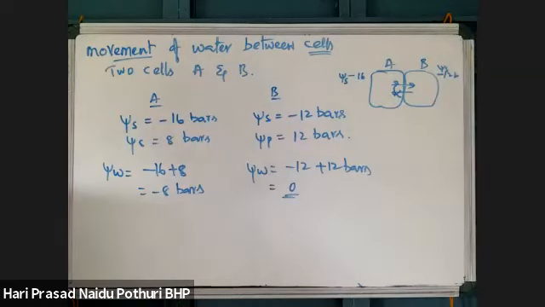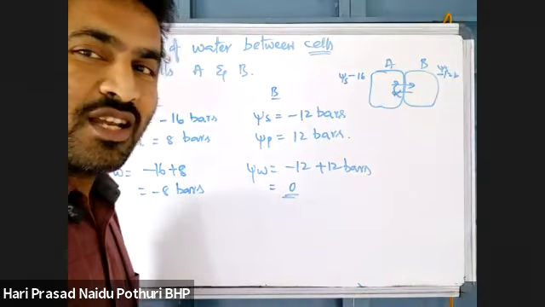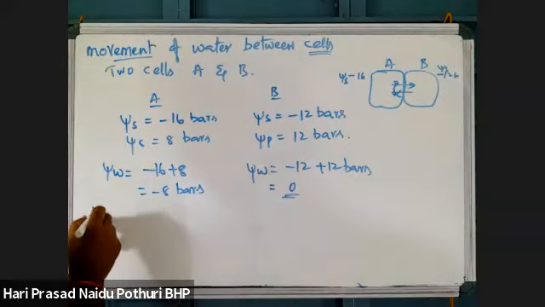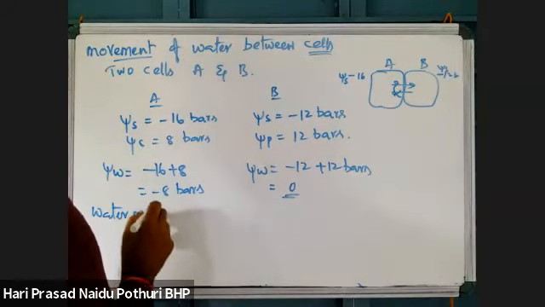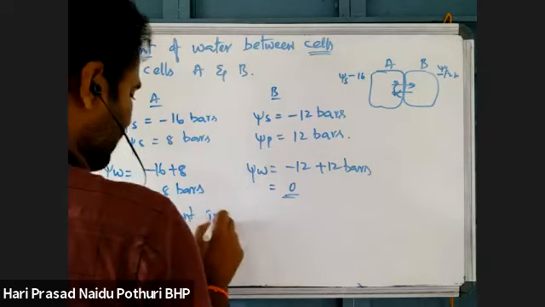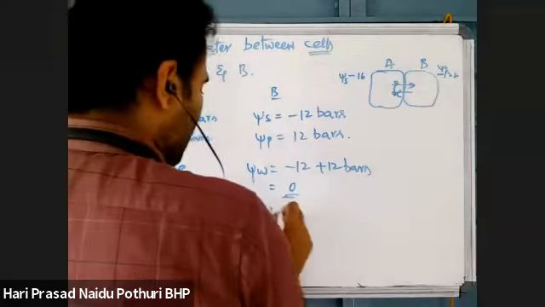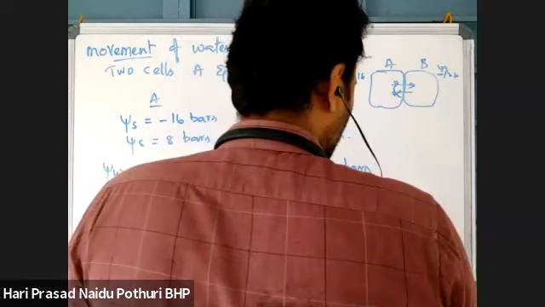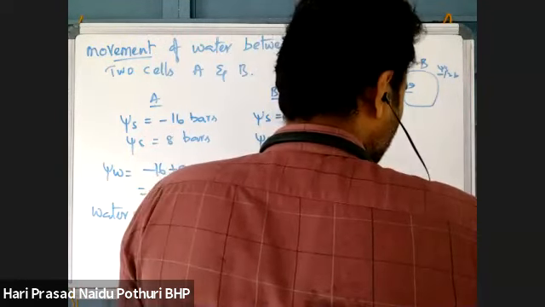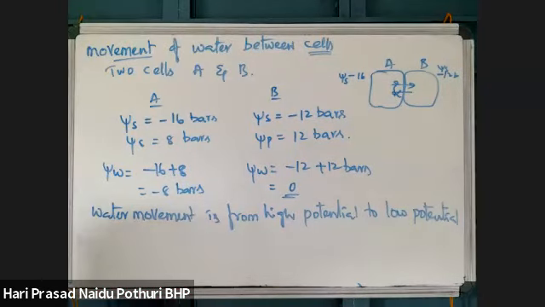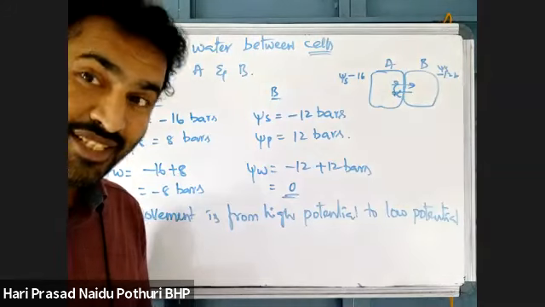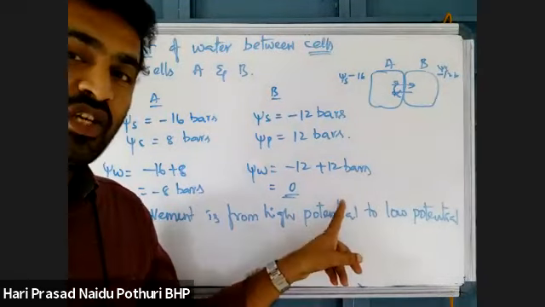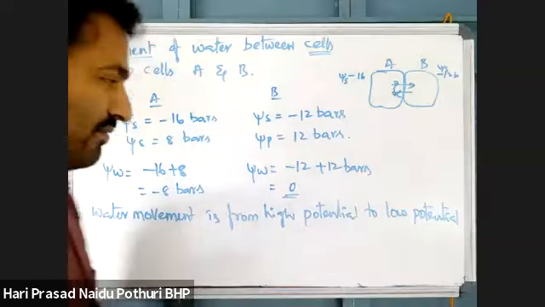So what happens? Water moves from high potential to low potential. What is the high potential here? High potential is minus 8? Really? One cell has 0 bars, which is the maximum water potential.